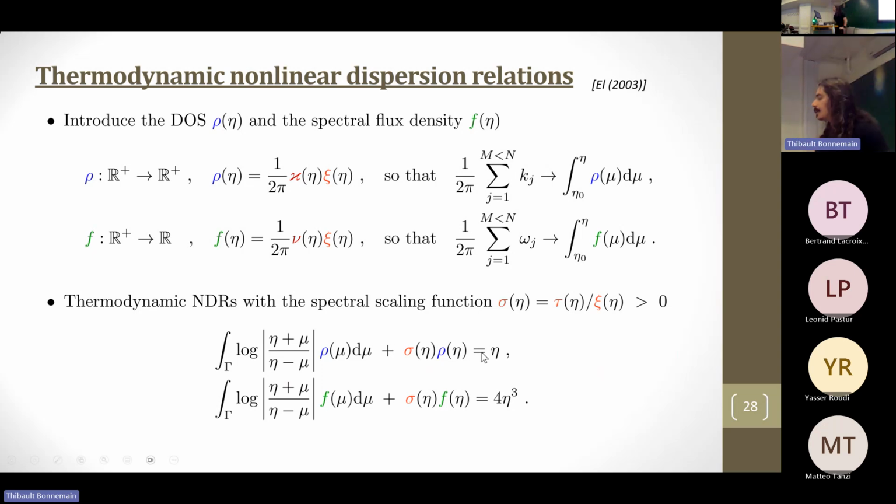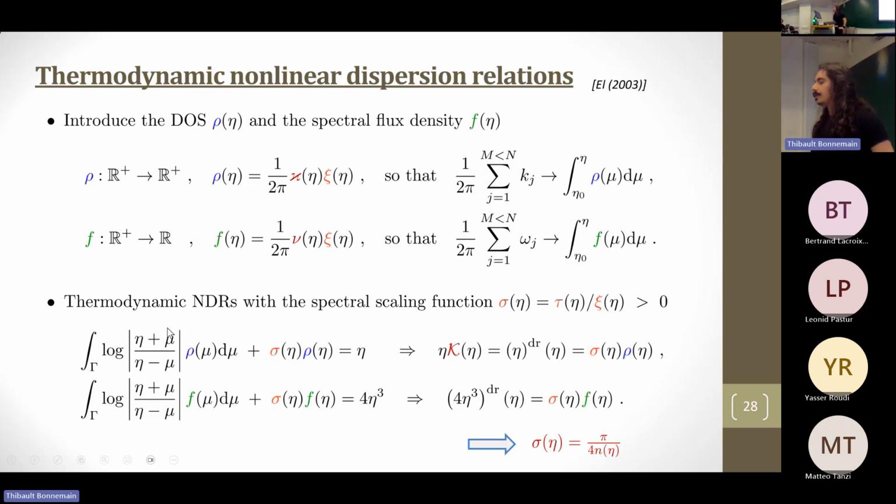As you can see, rho and f both solve a Fredholm equation of the second kind, which both involve the scattering shift. In fact, those are examples of dressing operations. So you can see this first equation agrees with the definition of the asymptotic space density that we obtained from our heuristic argument, but which is here derived from a completely different approach.